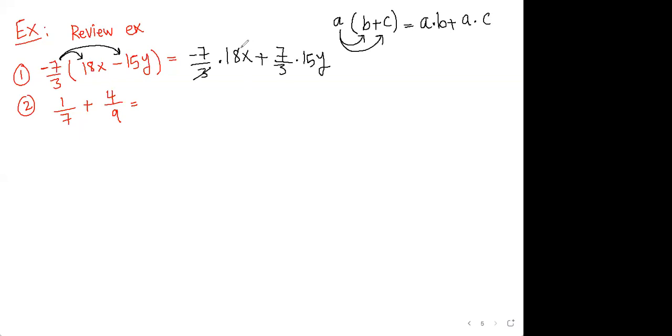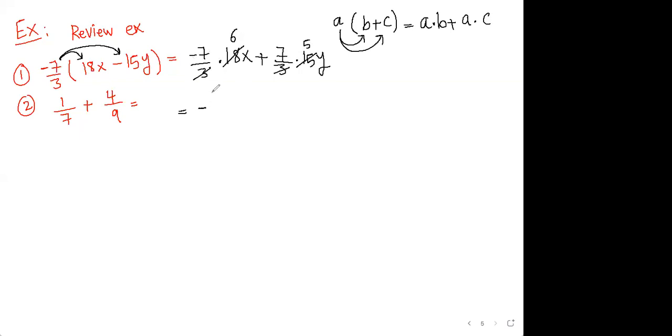So we can cancel the 3. We can simplify the 3 with the 18 as 9, right? No, as 6, sorry. 6. And we can simplify the 3 with the 15 as 5. So what's the answer?